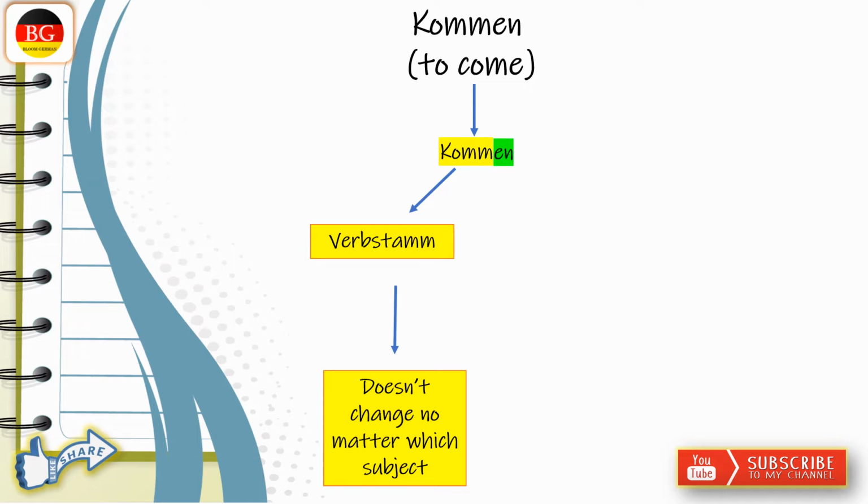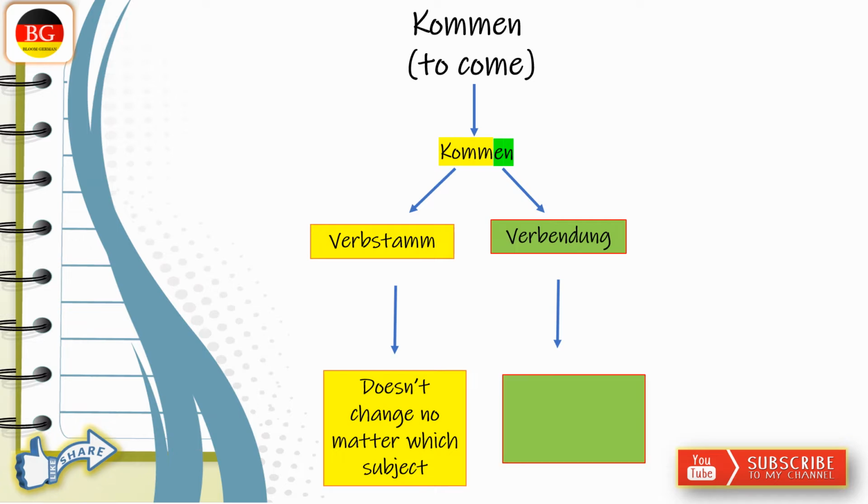But the verb Endung, the second part of the verb, that is en, always gets changed according to the subject in that sentence. Whether it is ich, du, er, es, sie, wir, ihr, sie, the verb Endung always gets changed according to the subject. If you want to learn the personal pronouns in detail, then please go through lesson number 14 of this video series.